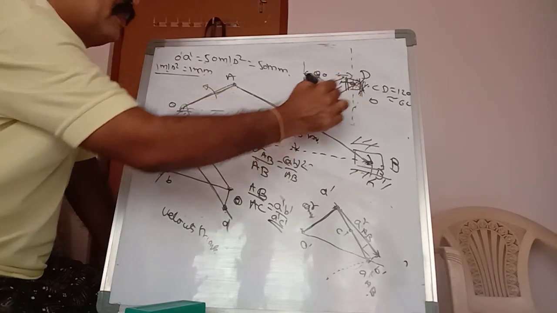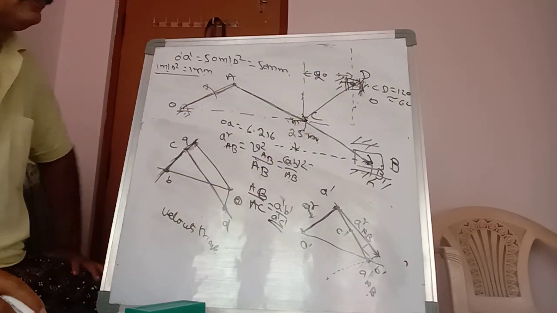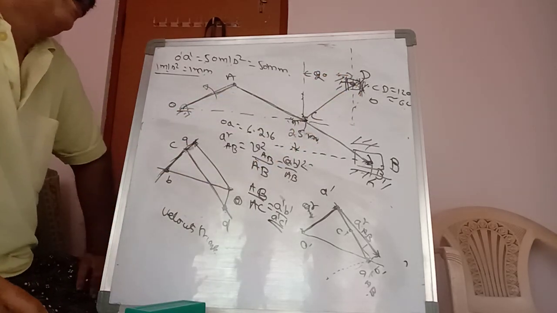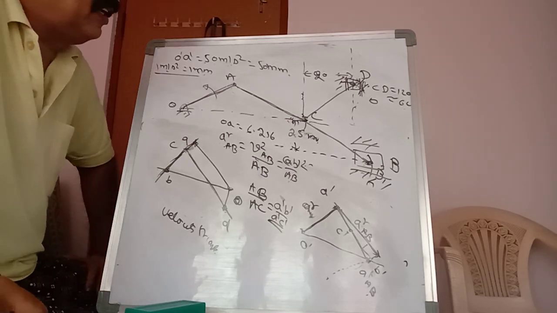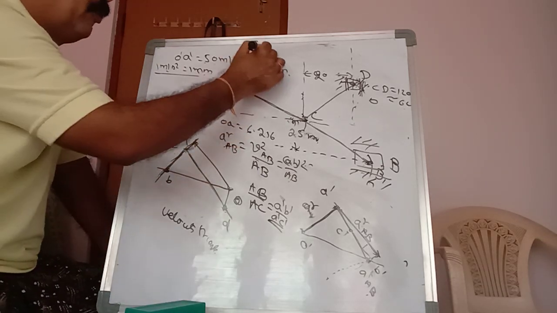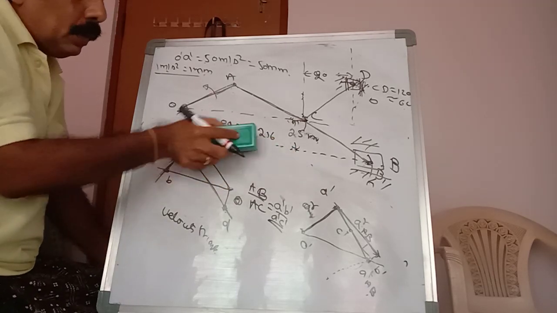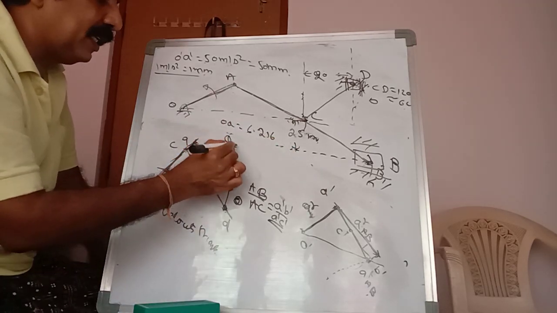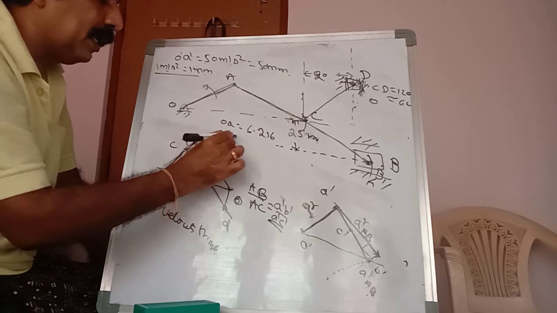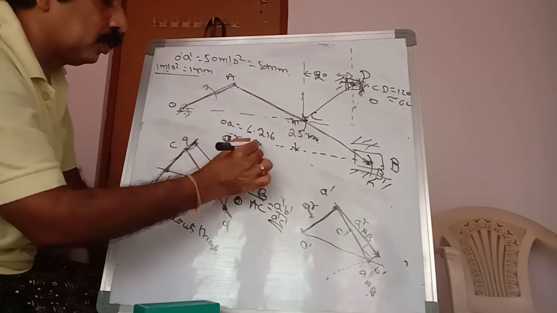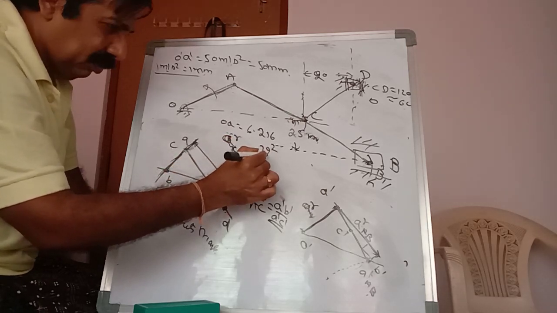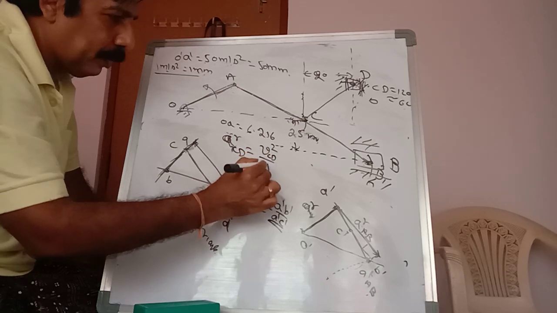Now CD. Again CD has both tangential and radial components. For CD, first you have to find the radial component. How to find the radial component of CD? ARCD is equal to V square CD by capital CD.